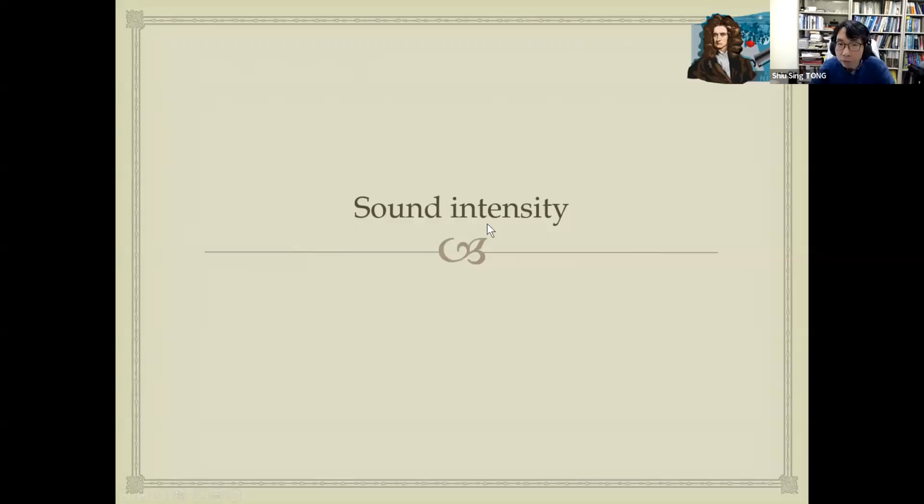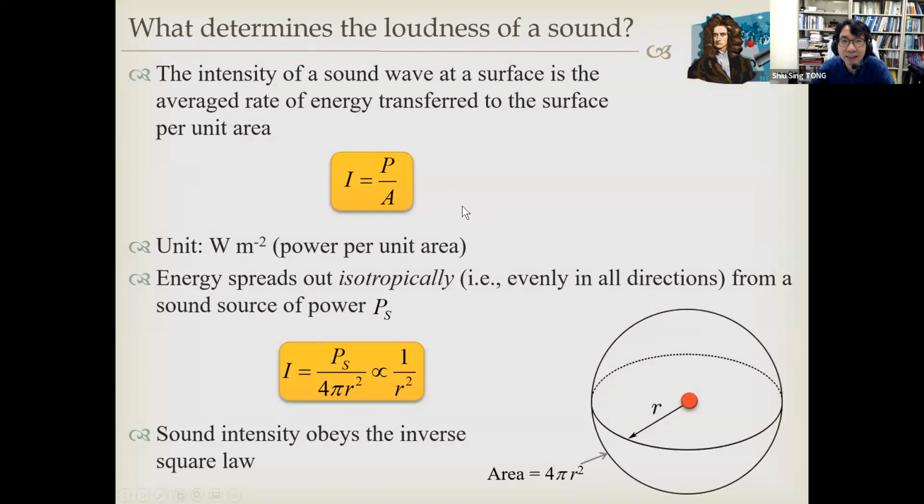Now we will have a brief discussion only on sound intensity. The intensity of a sound wave at a surface is the average rate of energy transfer to that surface per unit area. Imagine you have a sound source, and it produces sound, and the sound wave will carry some energy.